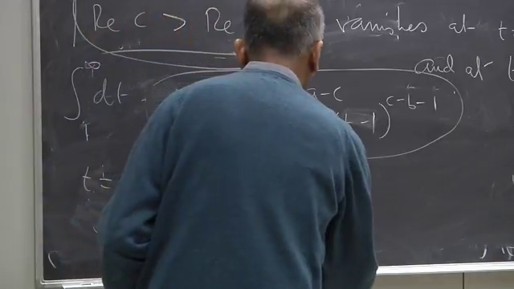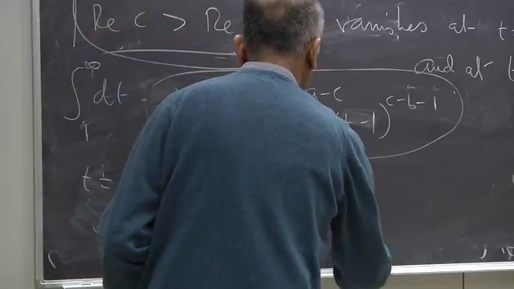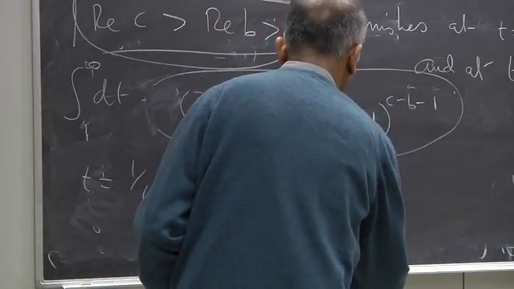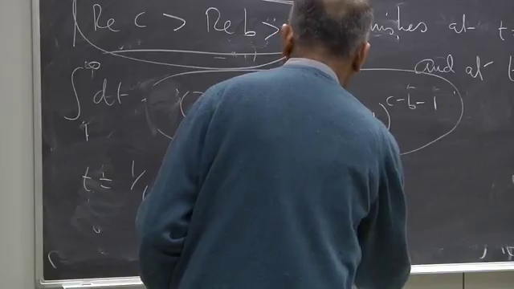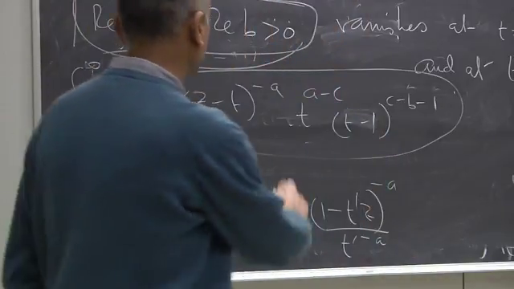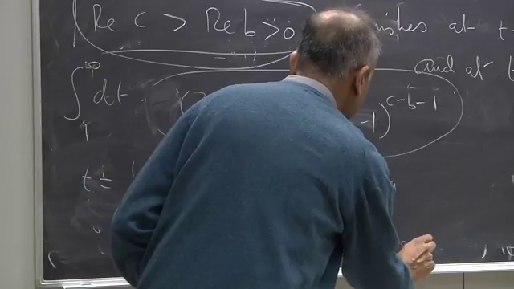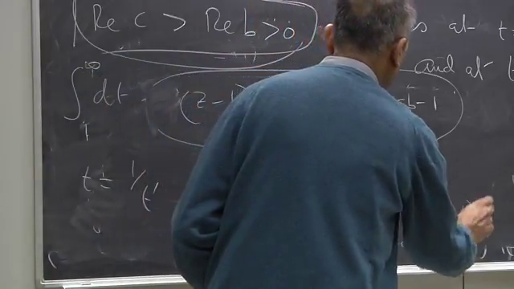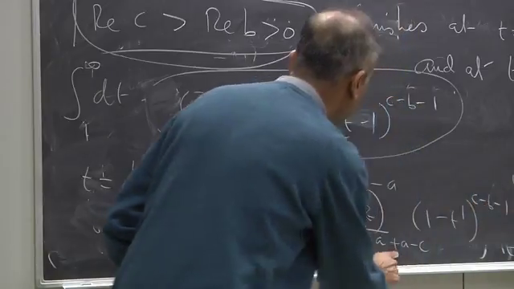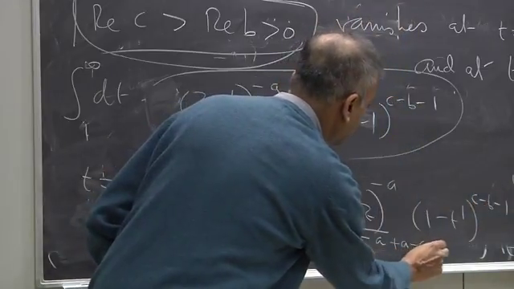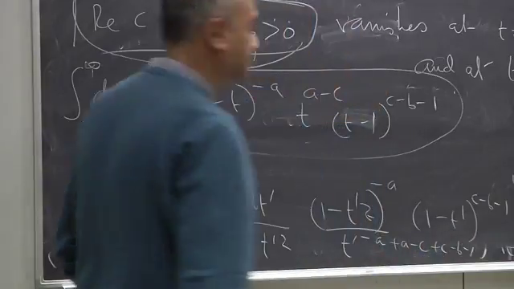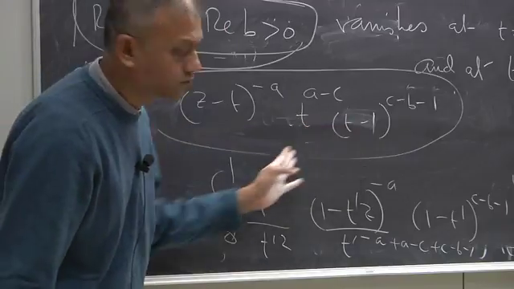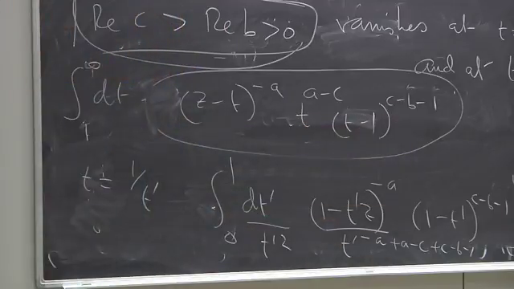Then here you get (1 minus t prime z) to the power of minus a divided by t prime to the minus a, and then here you get t prime to the plus a minus c, and then you get (1 minus t prime) to the c minus b minus 1, and then here you get t prime to the plus c minus b minus 1, right? I'm just writing t is equal to 1 over t prime and then taking out 1 over t prime, so you get it, and so on.